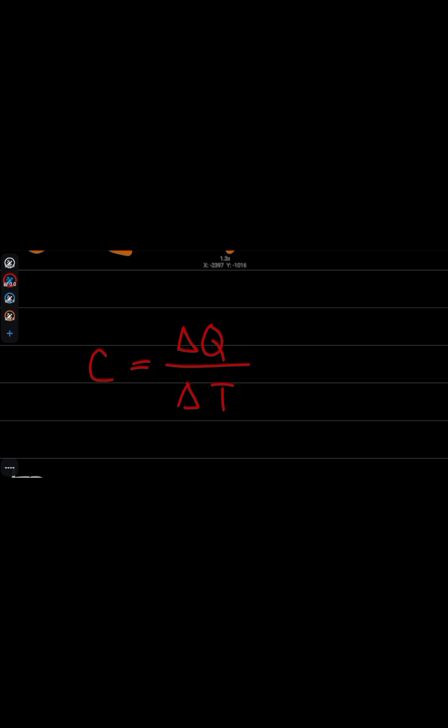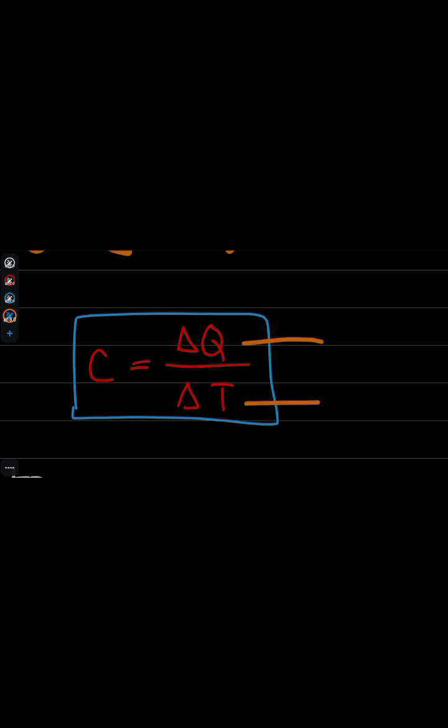This is the mathematical equation for heat capacity. The SI unit of Q is joules and the SI unit of temperature is Kelvin. Hope this is clear.